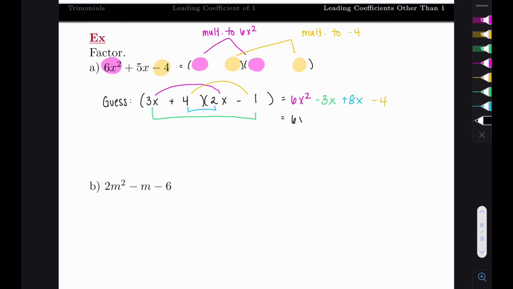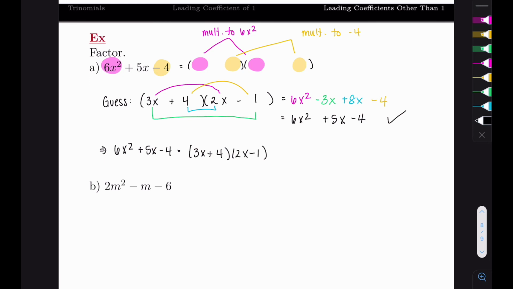So this indeed gives us the positive 5x in the middle that we want. Okay. So this is our correct factoring. When we start with 6x squared plus 5x minus 4, it factors nicely into 3x plus 4 times 2x minus 1. Okay.